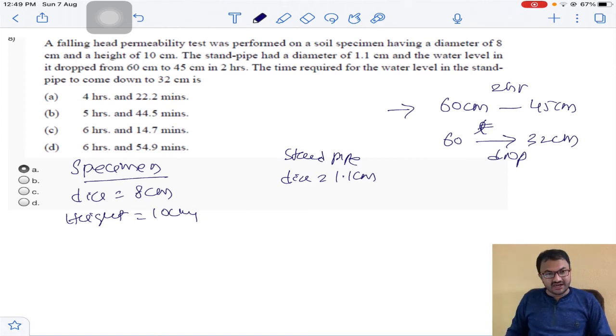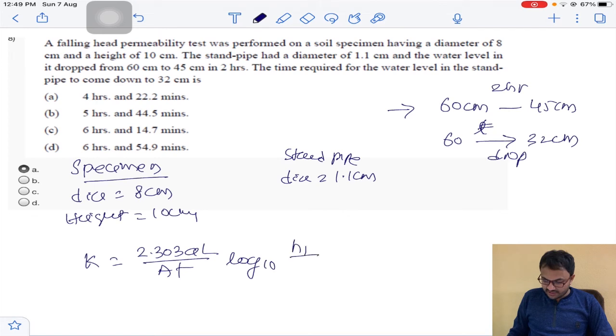We have one standard formula for the falling head permeability method. So k is equal to 2.303 a L by A t, log base 10 of h1 by h2. Is it clear? Here A is the sample cross-section, small a is the stand pipe area, and L is the length of the sample.